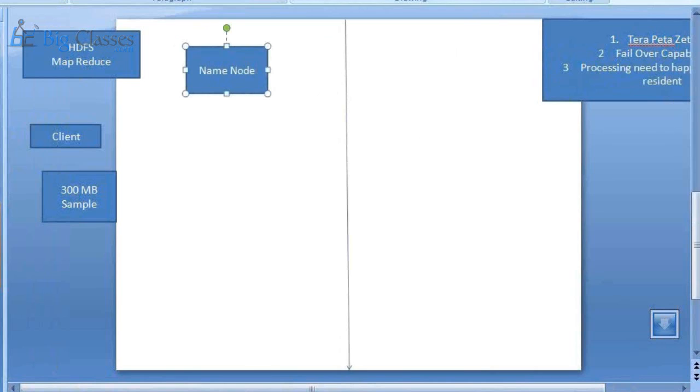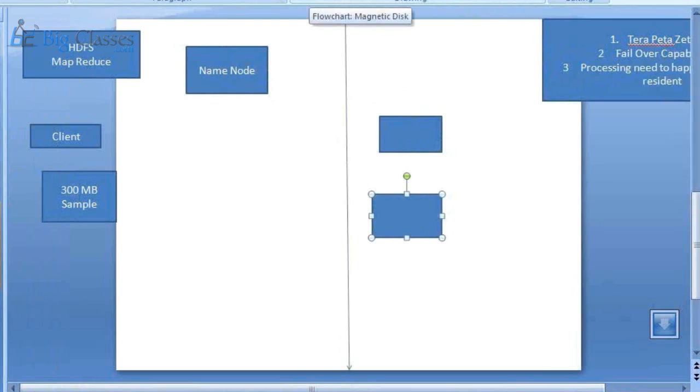And the second type of nodes are the data nodes. How many data nodes can you have here? There is no limit that can be imposed on how many data nodes should exist. I can make a 100 node cluster, a 1000 node cluster, or even a 10,000 node cluster. So that's why there is no limit.